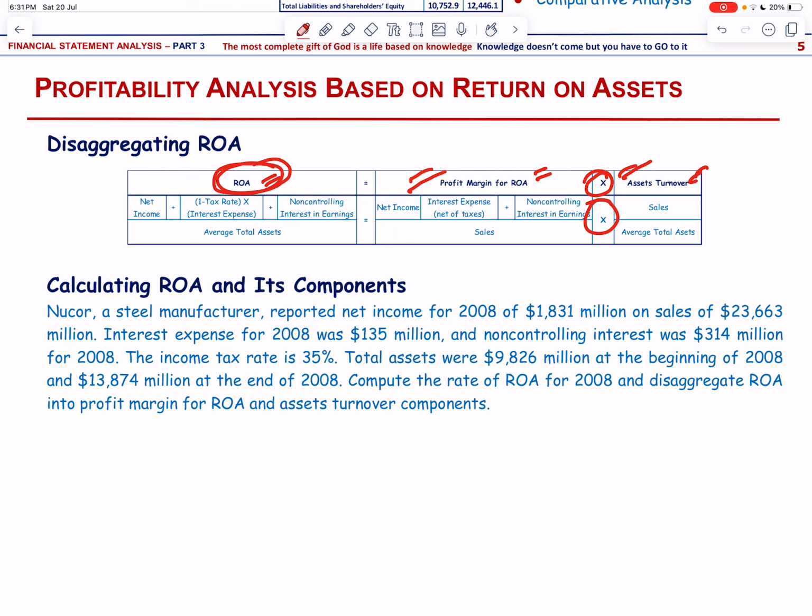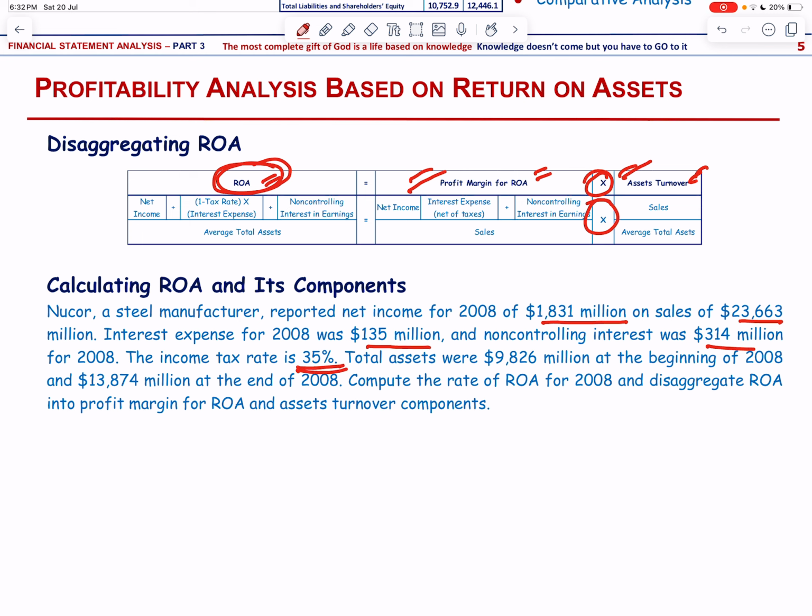Let us solve an exercise on how to calculate return on assets. Nucor, a steel manufacturer, reported net income of 1,831 million on sales of 23,663 million. Interest expense is 135 million and non-controlling interest is 314 million for 2008. The income tax rate is 35%.